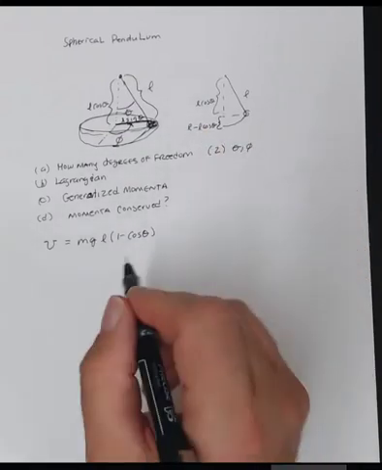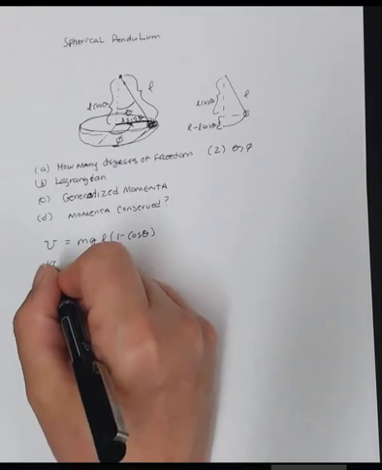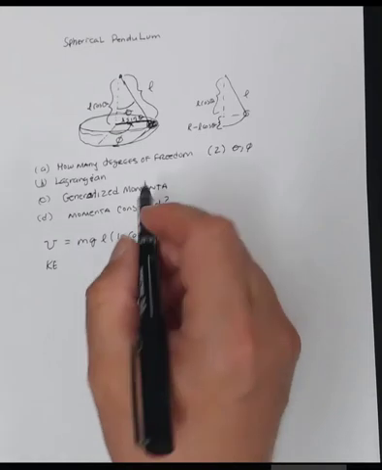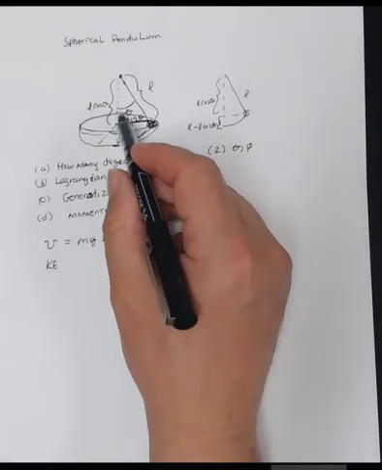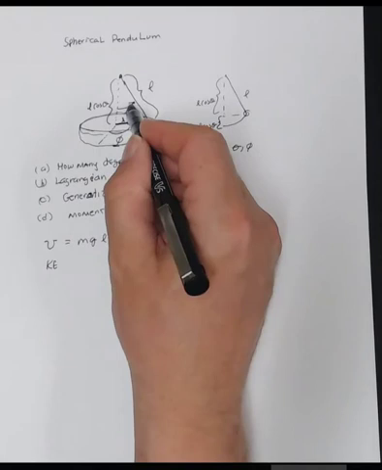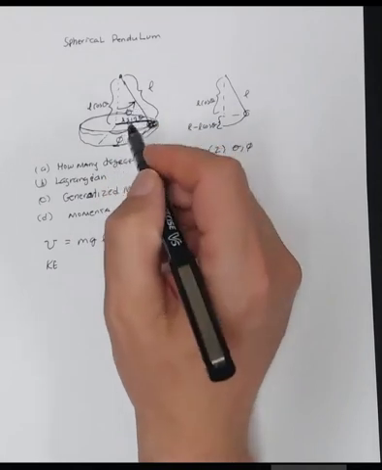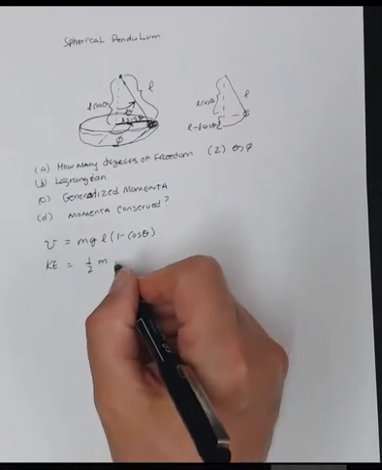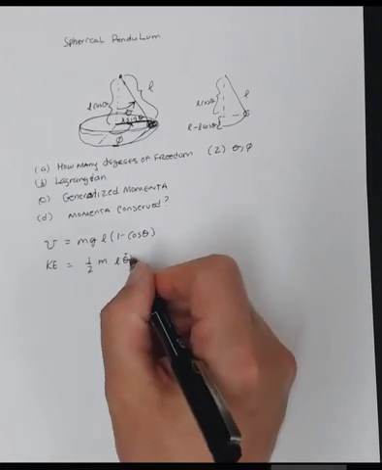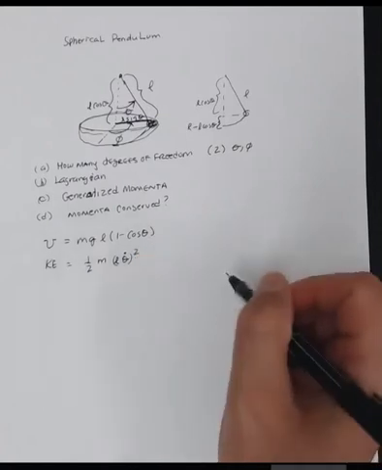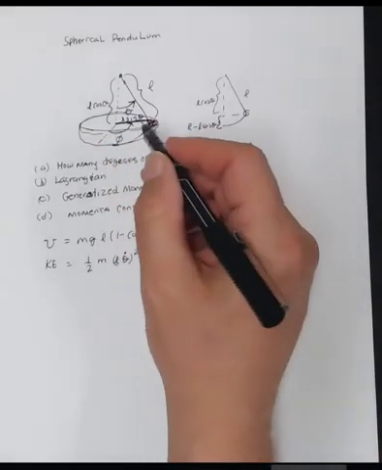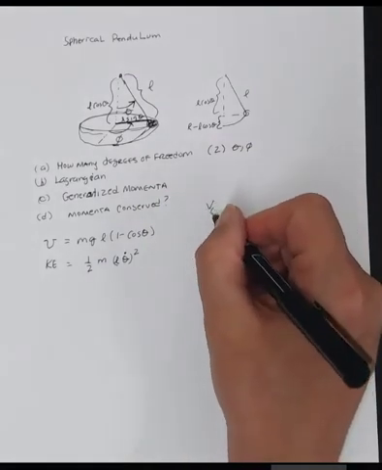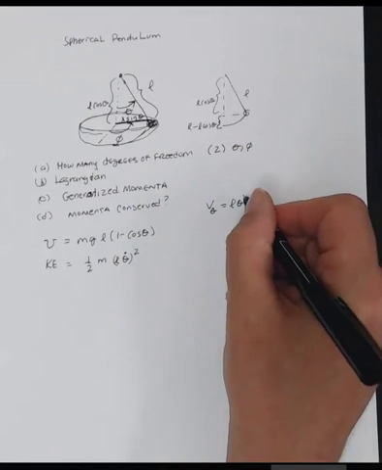Okay. Kinetic energy. Well, the speed in the theta direction makes an arc length L theta, so it has a kinetic energy 1/2 m L theta dot squared. And then it can go in the phi direction too. Velocity in the theta direction is L theta dot.